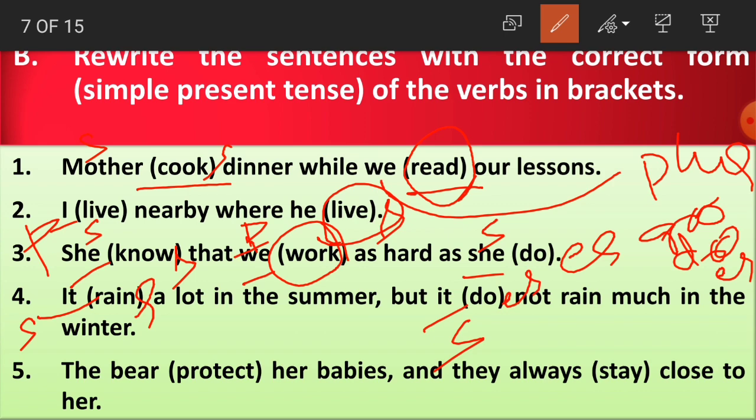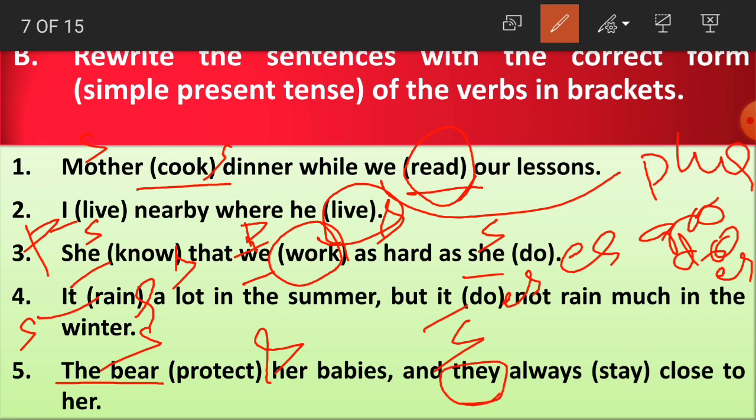Okay, now the fifth one: The bear protect her babies and they always stay close to her. The bear, which form, singular or plural? Singular. Protect her babies. Then this protect, what will it become? Protects. And they always stay.